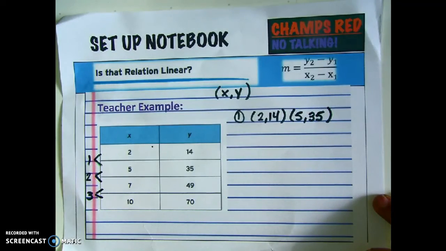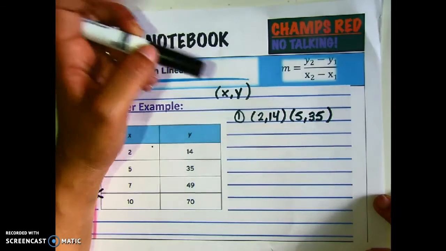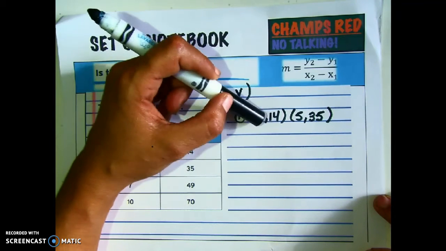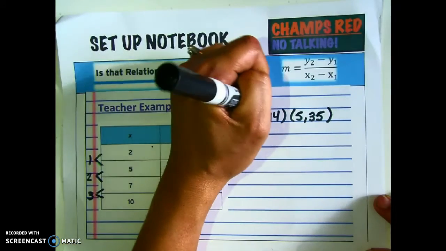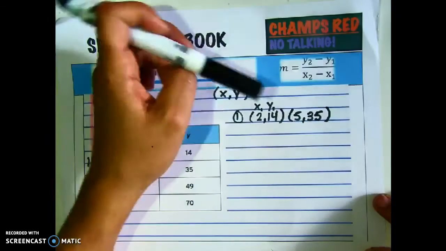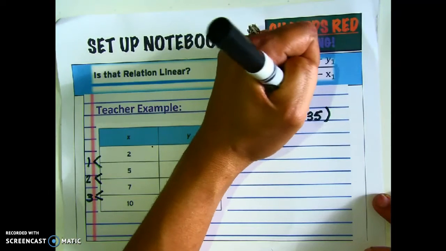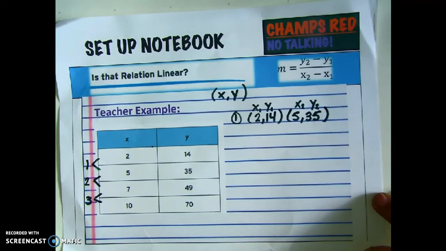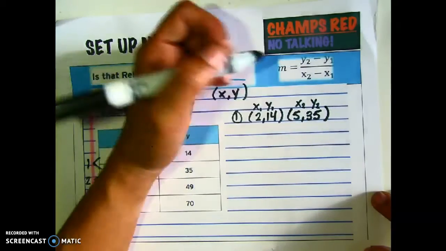To calculate this, if we remember to use this formula, we need to label our sets using our ordered pair format as X and Y. This is my first set, so I'm going to label it as X1, Y1. So if that's my first set, this will be my second set, which is X2 and Y2.